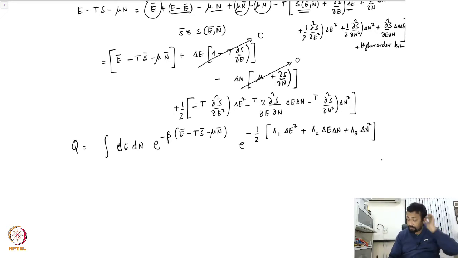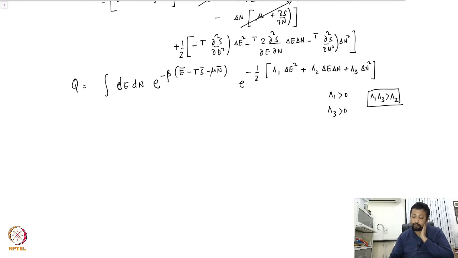So one can easily do the calculations a little bit more to realize that lambda 1 is positive, lambda 3 is positive, and lambda 1 lambda 3 is greater than lambda 2. This you can do. These are the conditions we derived when we did the stability criteria.